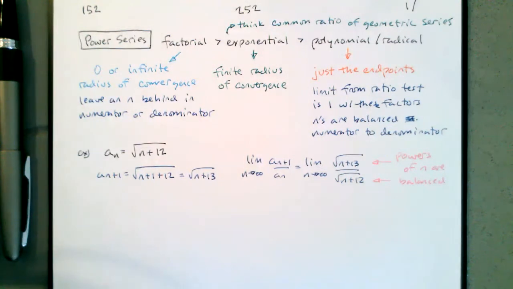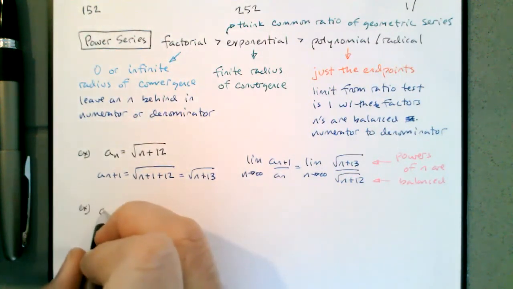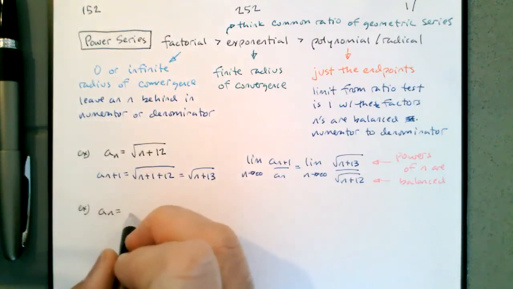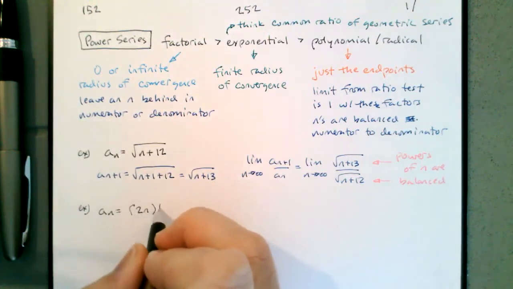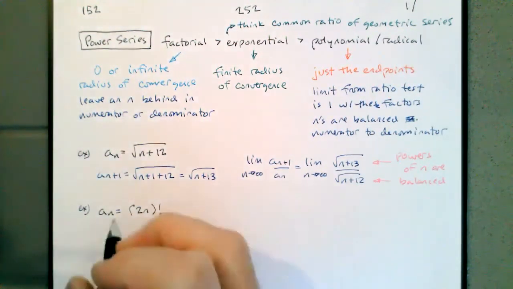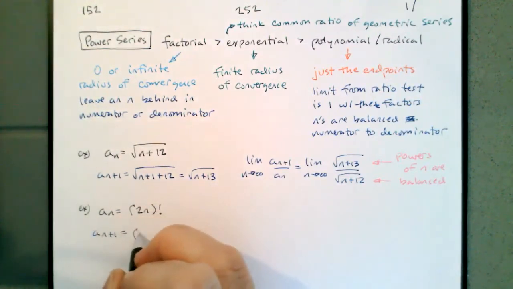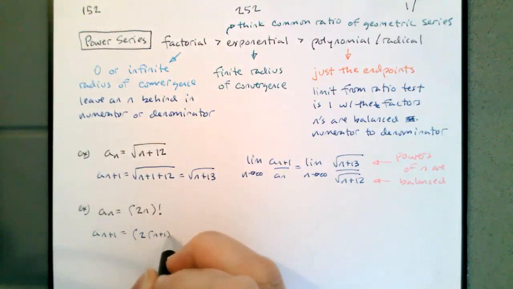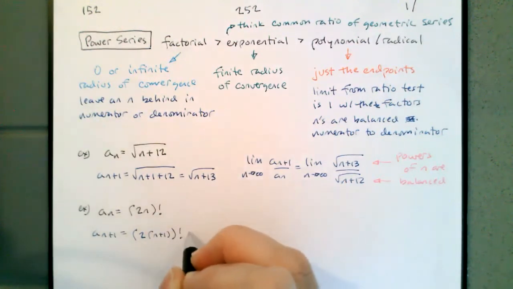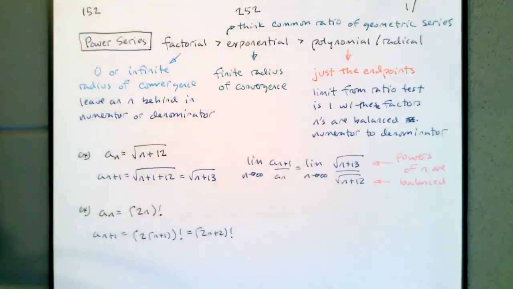But if, for example, we have a factorial, if a_n is (2n) factorial, then a_(n+1) is (2(n+1)) factorial, or (2n+2) factorial.